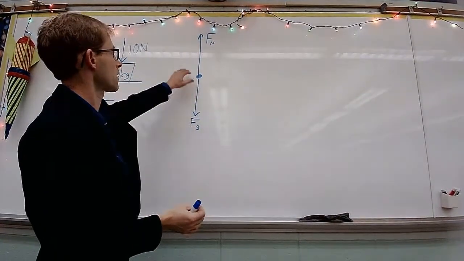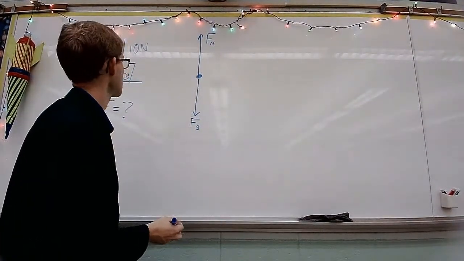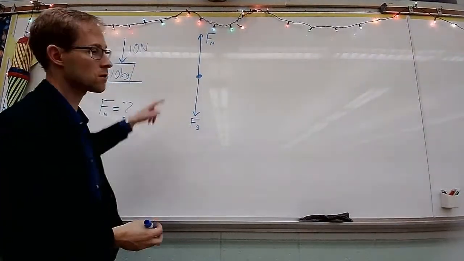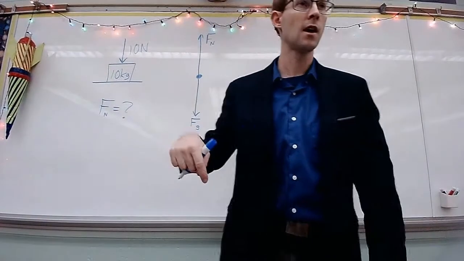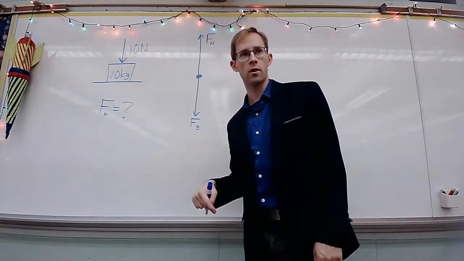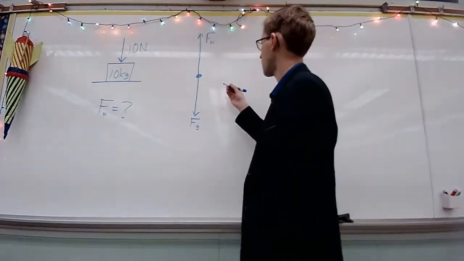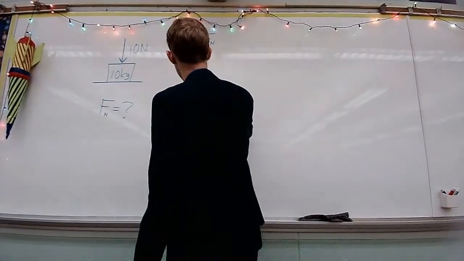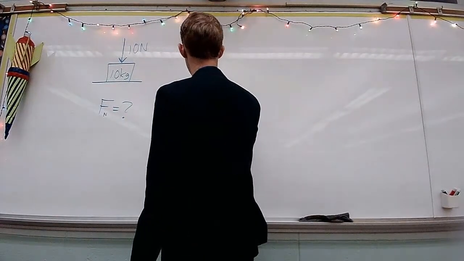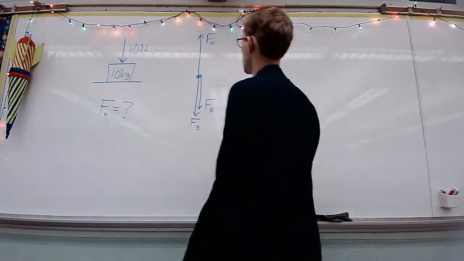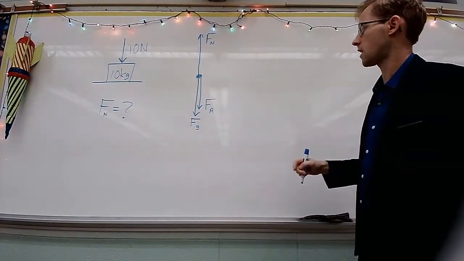So it's got a bigger normal force than gravity here. Furthermore, we do have that force pushing down, and every time we have a pushing force, we call it an applied force. So we've also got this applied force heading downward. So that's what our force diagram would look like here.